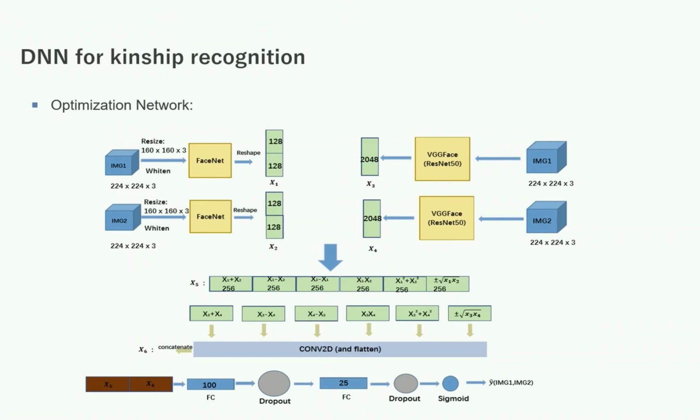The features x3, x4 are generated from VGG-Face. Since these four feature embeddings have different dimensionality, we have to do a convolution to the distance matrix of x3 and x4.